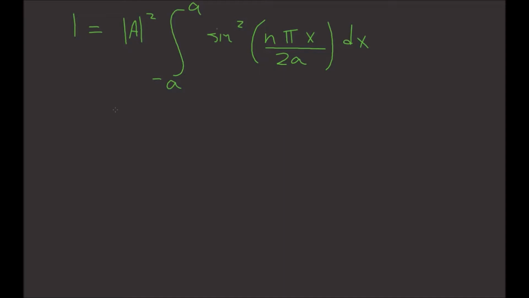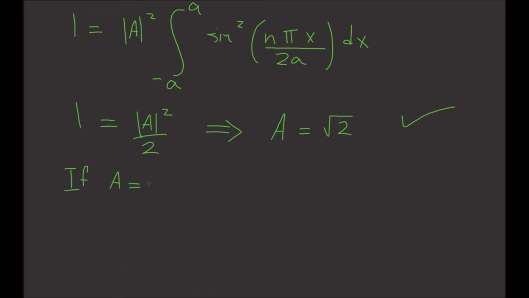This is equal to a squared times a, which equals 1, which tells us that a is equal to the square root of 2. So this is done for the first case. The second case: if a is 0, then b cannot equal 0.